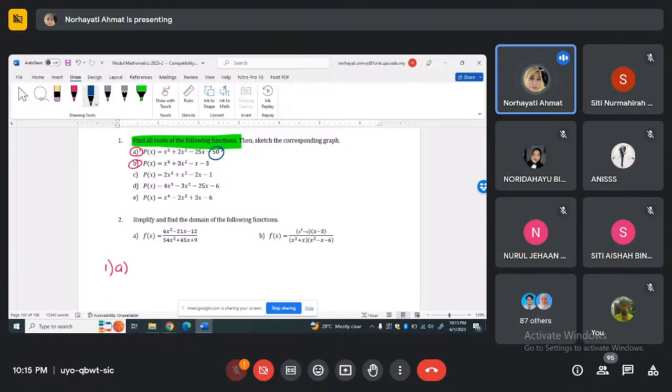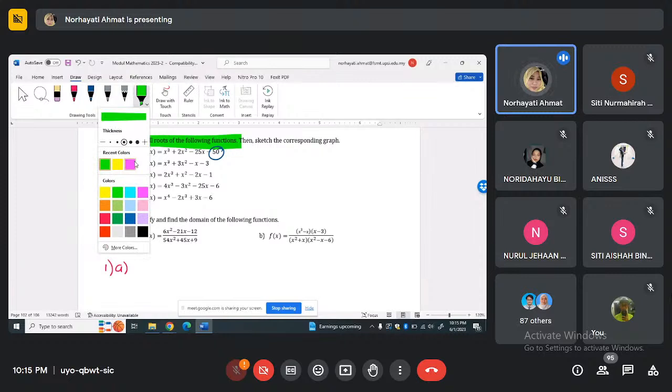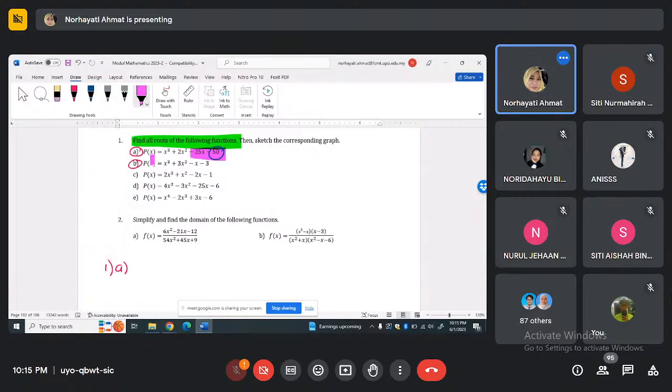Okay, kita dapat kat sini x cube plus 2x square minus 25x minus 50. Okay, if you focus at these two terms, kita boleh nampak kan common factor for these two terms.